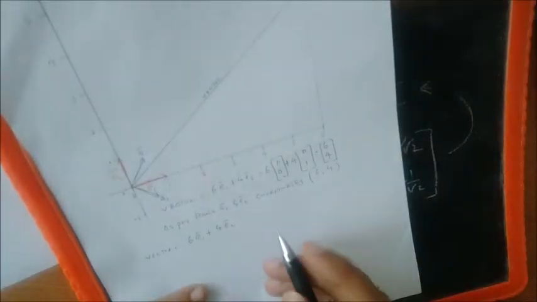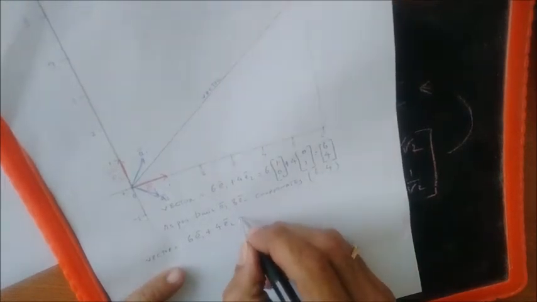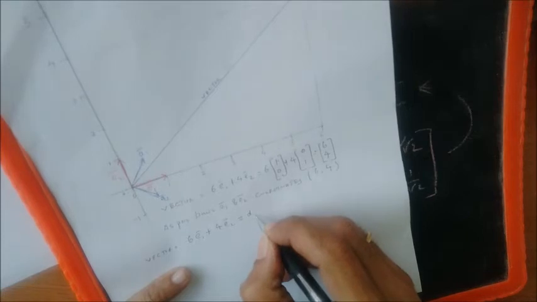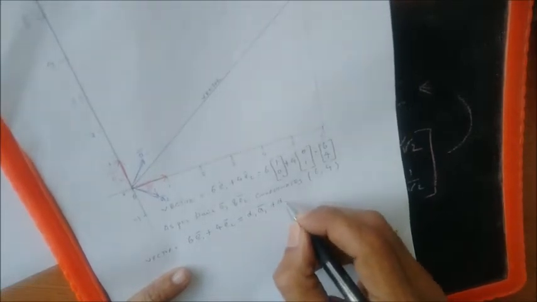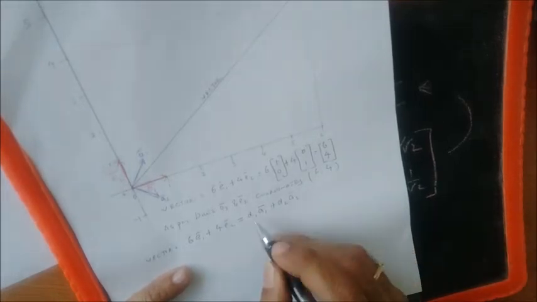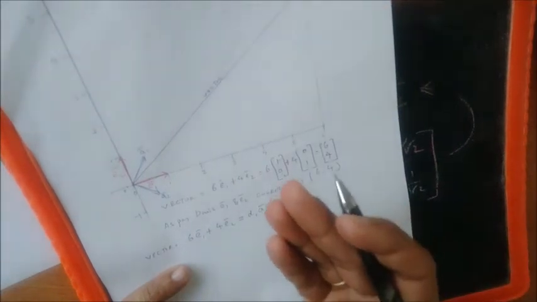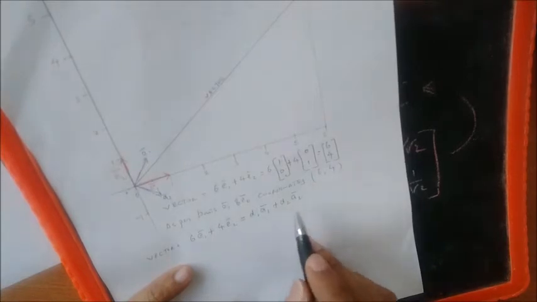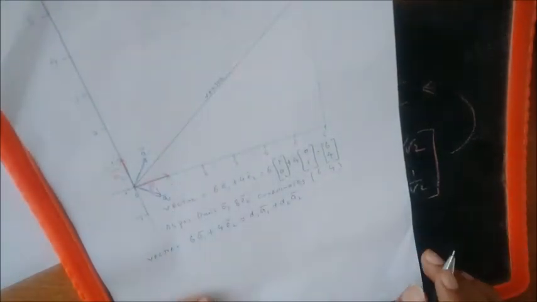That's all. So the vector 6e1 plus 4e2 should be the same as d1 a1 plus d2 a2. So d1 and d2 will be the new coordinates of the vector when we change the basis, and a1 and a2 are of course the new basis that we have.